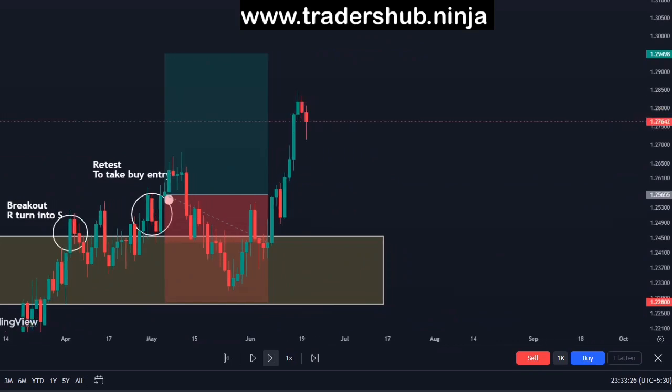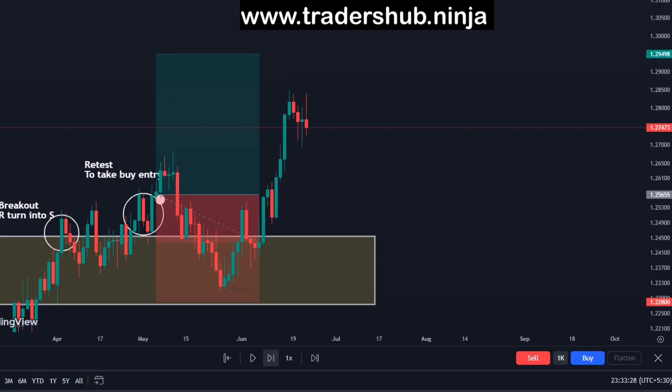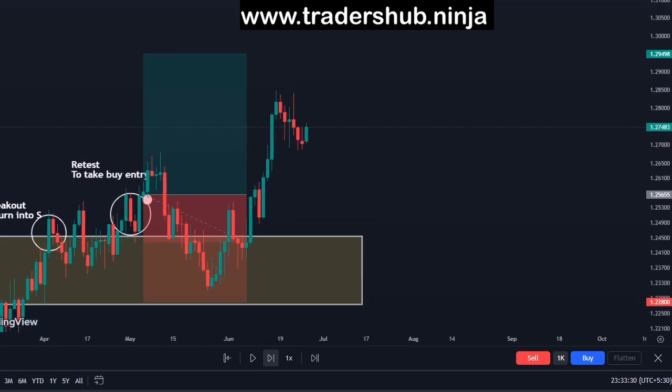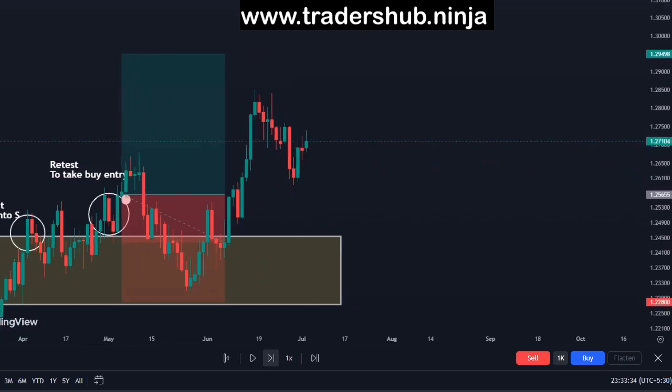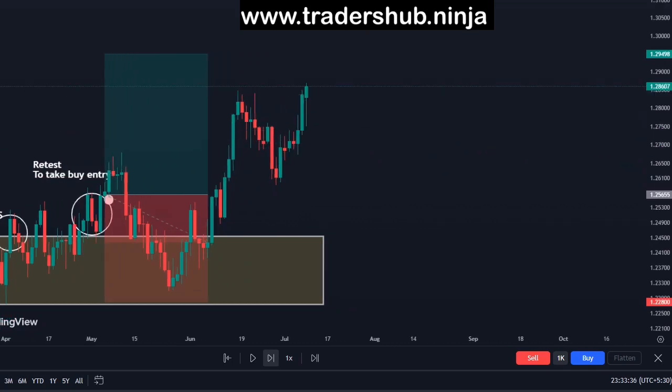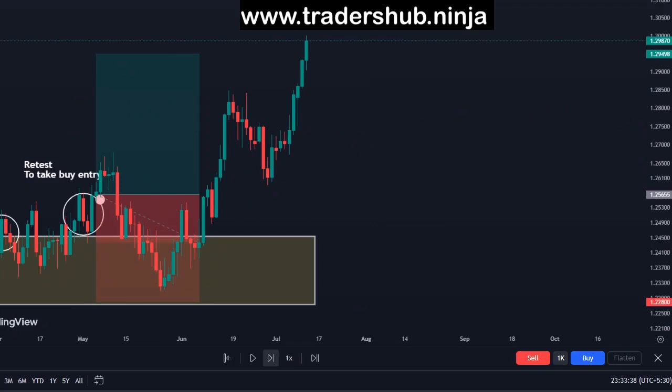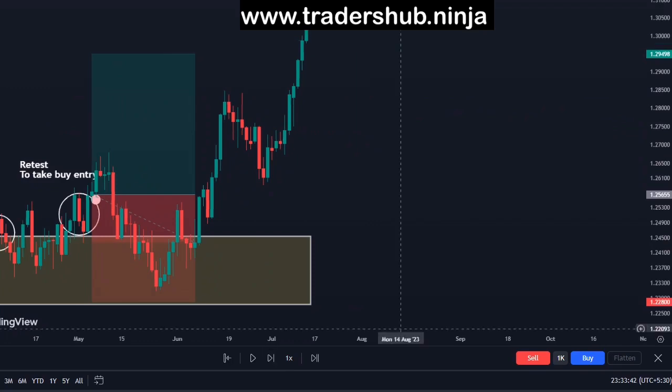Aggressively, buyers are entering the market. Buyers are in control. Finally, our target was hit. This is a way to approach resistance turning into support.